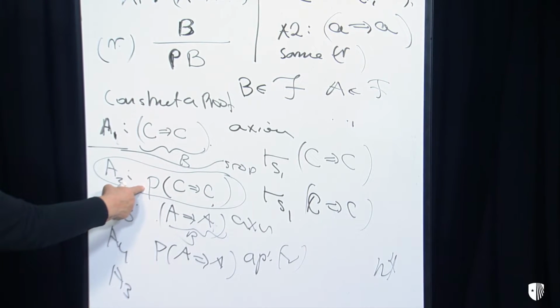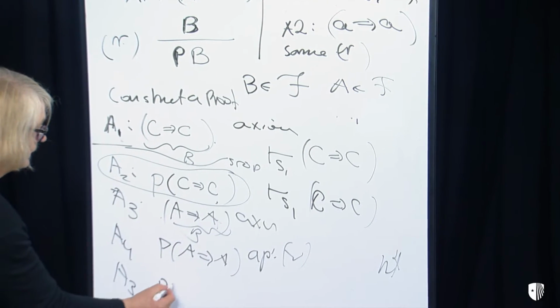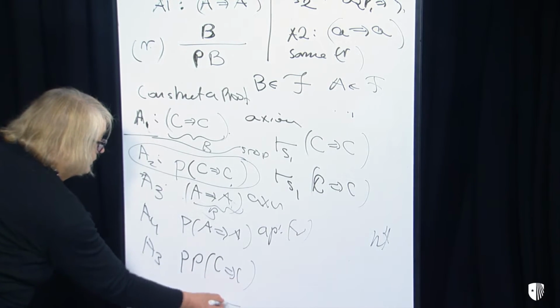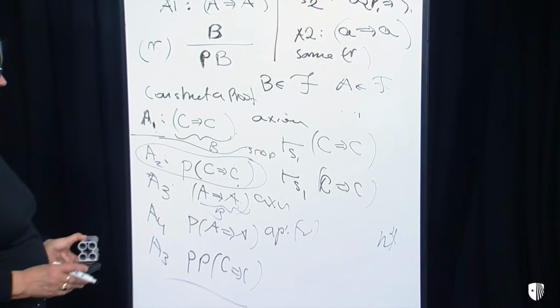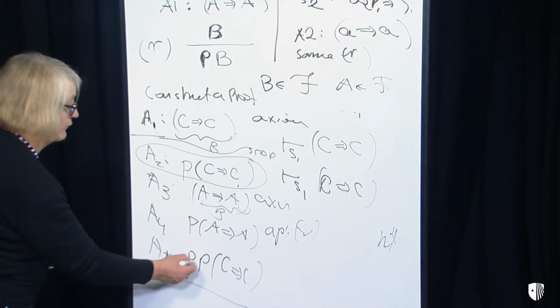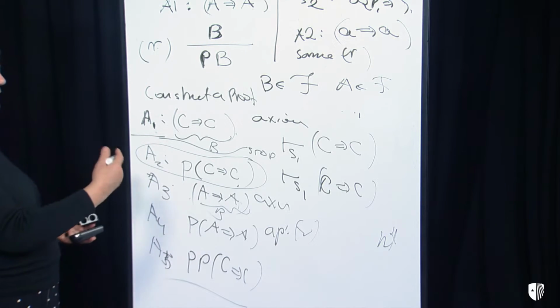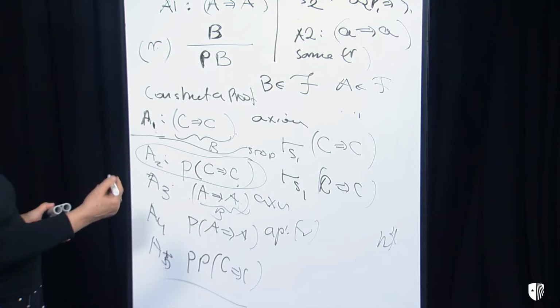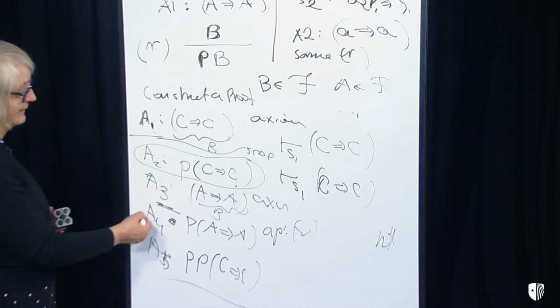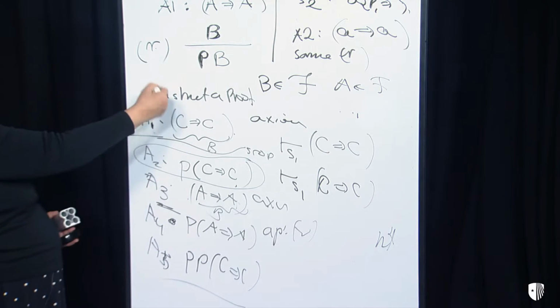I can use P of C implies C, you see. And this is a proof of the length 5 of PCC, because when you prove, when I am in the moment of the proof, I can apply to anything which I have already.